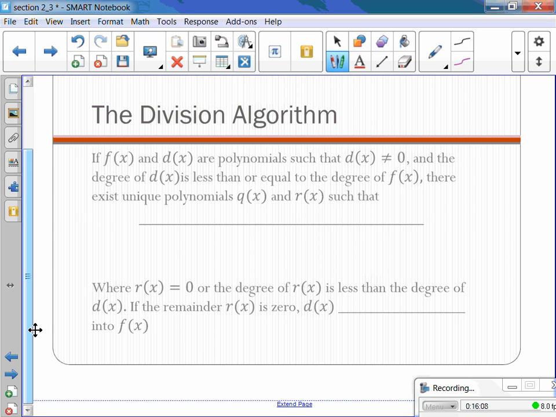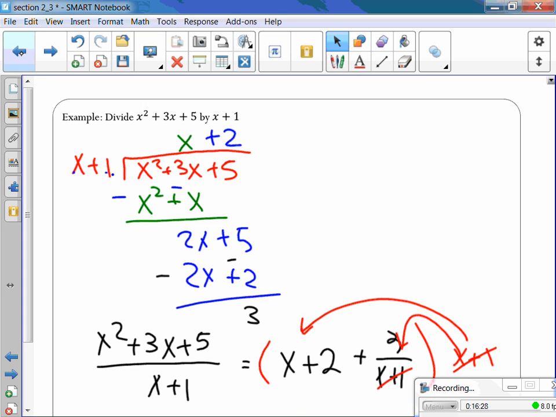What does that mean? Again, d is my divisor and f is my dividend. Should it be with my divisor or my dividend? Dividend. In other words, you don't want a higher degree divisor dividing into my dividend.